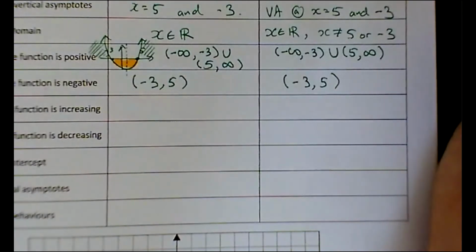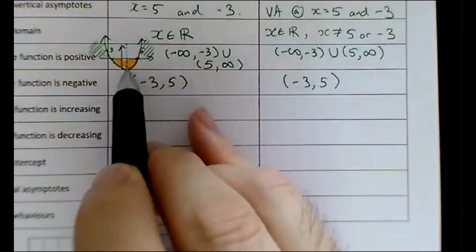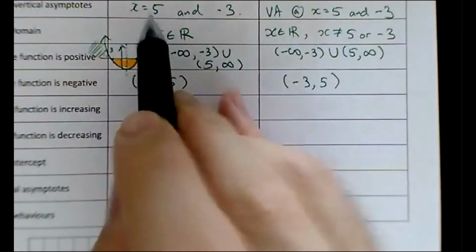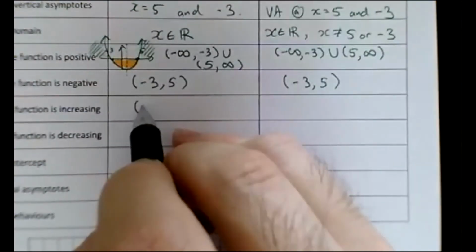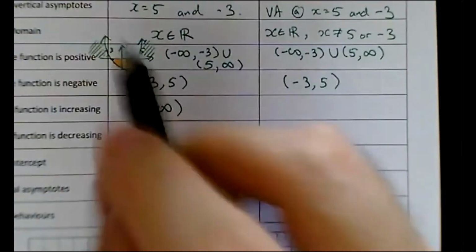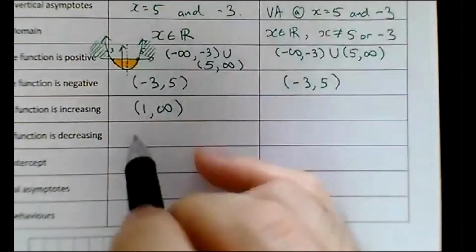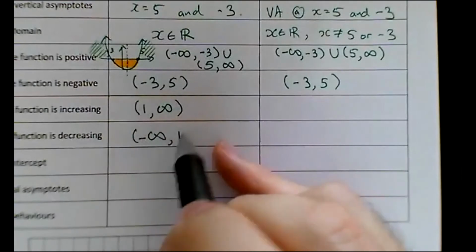Well, I don't know exactly, but the axis of symmetry is 1. That's where the vertex is going to be. You're correct. So the interval that it's increasing is from the vertex to the right, and it's going to be from 1 to infinity. And then where is it decreasing? All the way up to the vertex, which is -∞ to 1.